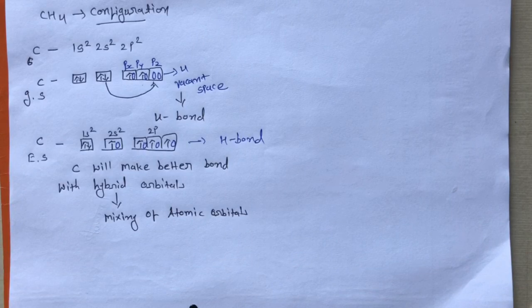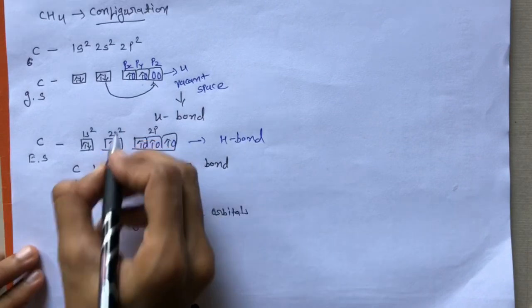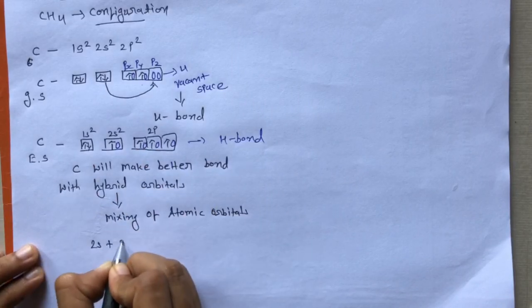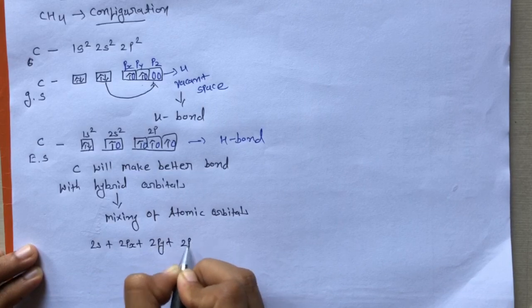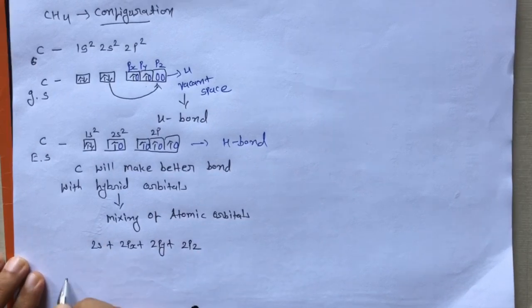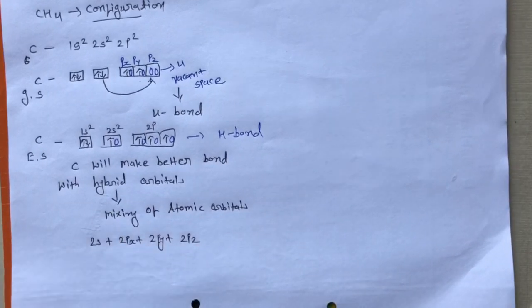So 2s plus 2px plus 2py plus 2pz gives 4 hybrid orbitals, right? Why do we make this? Because we eventually want to judge the shape.